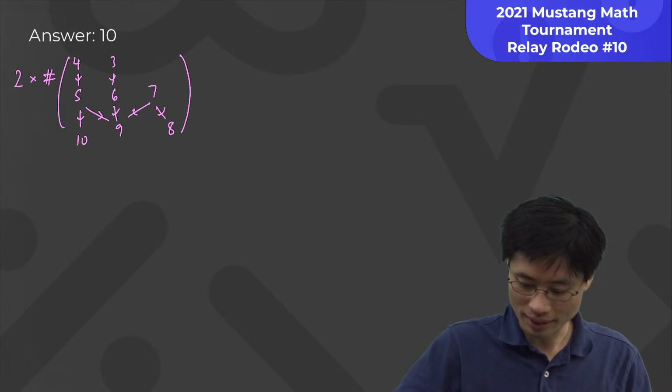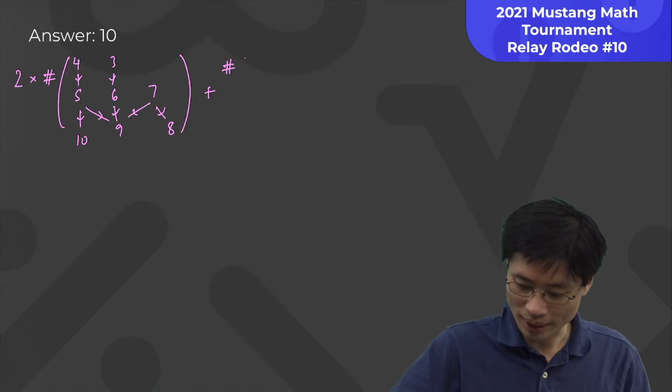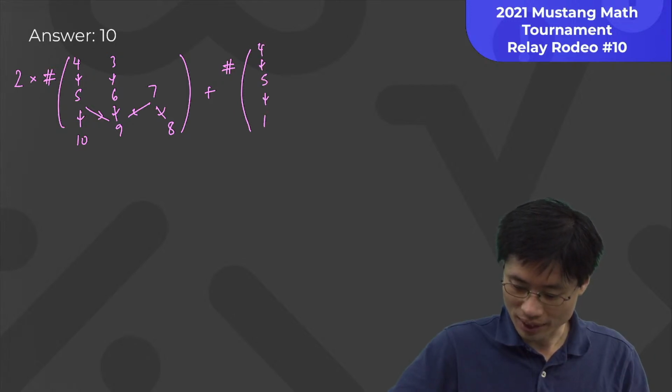Okay, so it's this thing, plus the number of ways if I just took the 3 out first. That's the middle one. If I took the middle one out first, I would get 4 goes to 5, goes to 10, and I have a 6 goes to a 9, this goes to a 9, this comes from a 7, this goes to an 8, and this was a 2.